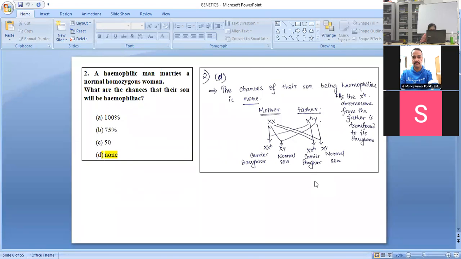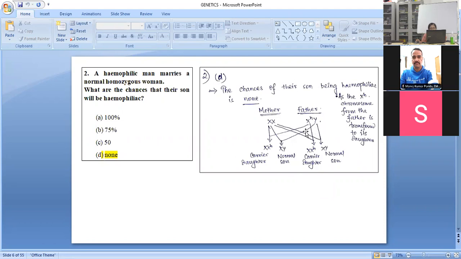Why so? Because here the man is hemophilic, whereas the woman is normal homozygous. The X chromosome has to come from the mother, and the mother is normal. So there is absolutely no chance that their son will be hemophilic.